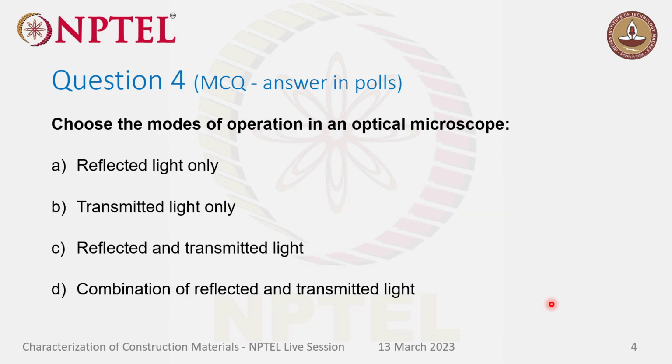Question number 4. You have to choose the modes of operation in optical microscopy. It's a very simple question. So I'm putting a timer for 30 seconds. You have to choose what are the different modes available in optical microscopy. Either it's reflected mode or transmitted mode, reflected and transmitted mode, or combination of reflected and transmitted modes.